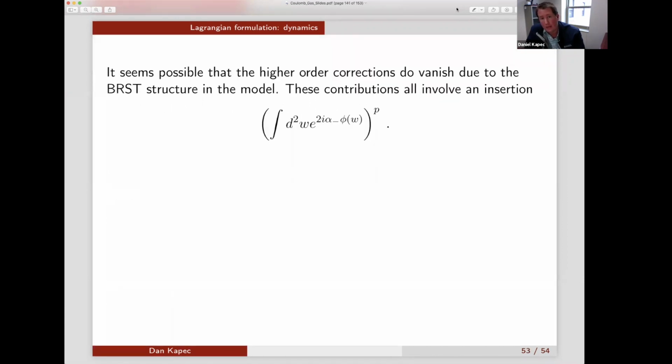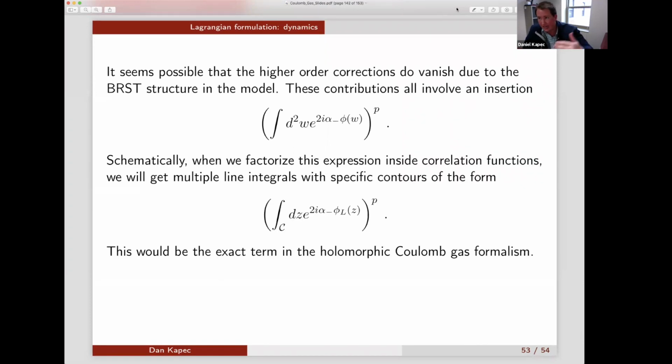Okay, so I don't have a proof that the higher orders in perturbation theory don't contribute, so I really only claim to completely understand the (2,p) models where you can deform by a single marginal operator. It seems like there might be an argument that the higher orders don't contribute, essentially because those higher orders involve inserting a pth power of this marginal deformation, which once you put it inside the correlation function and factorize it, looks kind of like the BRST charge to the pth power.